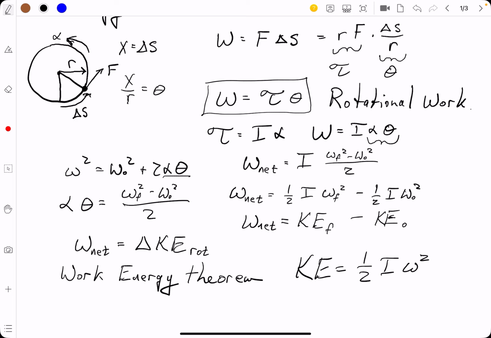So angular velocity squared times your moment of inertia divided by 2 is your kinetic energy. So lock that in. We've got to lock these ones that I put in here that are square, boxed. Box them in. Okay, good.